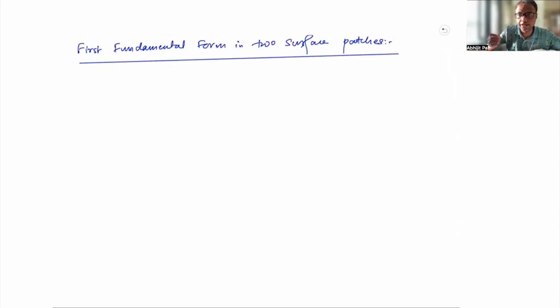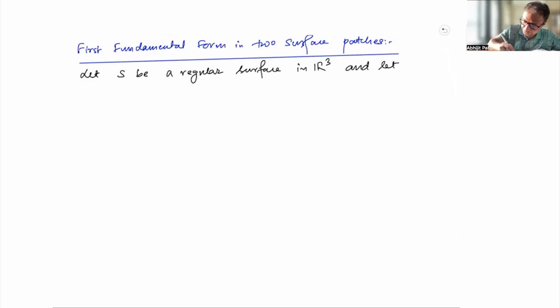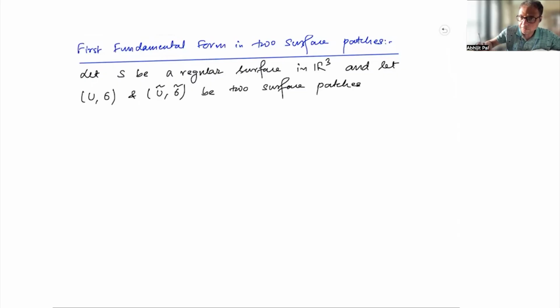Let us take a regular surface S, and let us take two surface patches U, sigma and U tilde, sigma tilde, such that this point P is contained in the intersection of sigma of U and sigma tilde of U tilde.